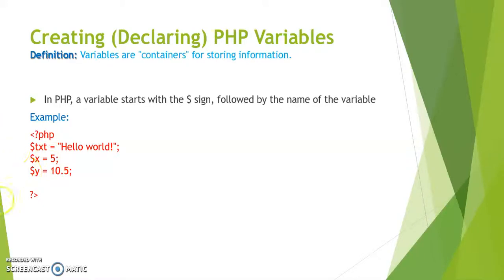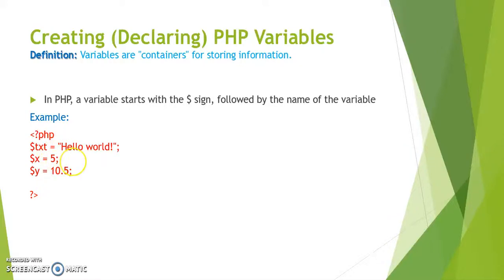And here we define a variable y and assign 10.5. You can see these three variables. The first one is a string, the second is an integer, and the last one is a float or double.